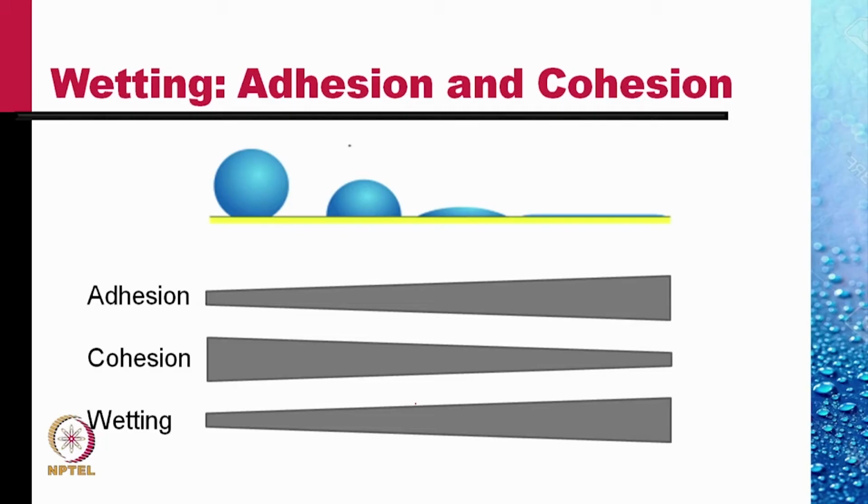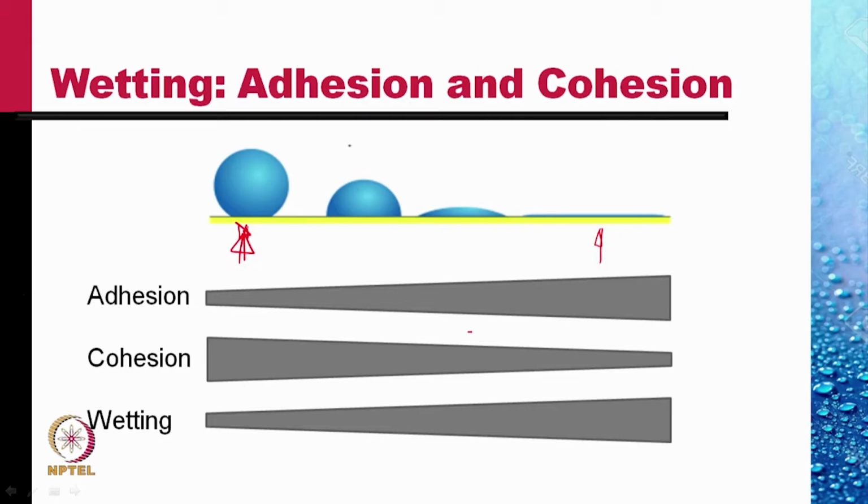As the adhesion increases to the right, the cohesion decreases to the right and the wetting increases. We say that at this location the wetting is minimum, and at that location the wetting is maximum. You would have seen that if I have waxed paper, a droplet of water on that wax paper would almost look like this on the left.